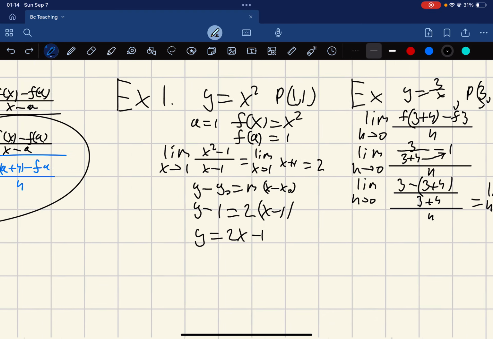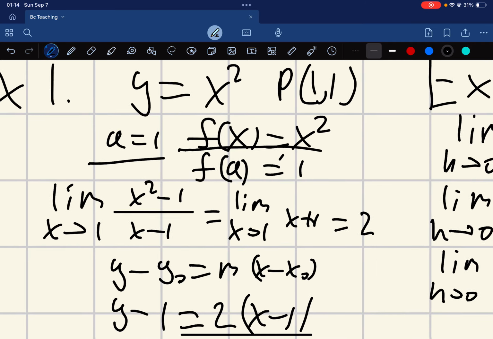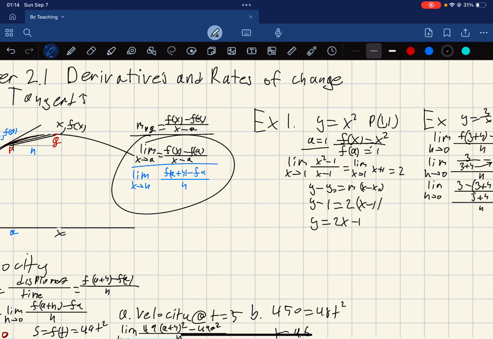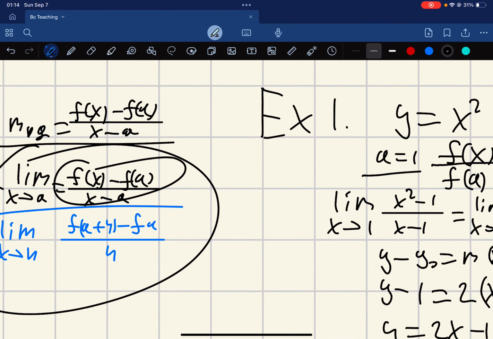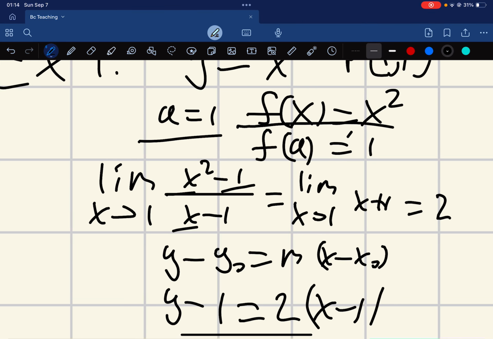So now, for my example, I did y equals x squared, and find the tangent line at the point 1, 1. So you have a equals 1, f of x equals x squared, and f of a equals 1. So using this, that's f of x, that's f of a, over x minus a.